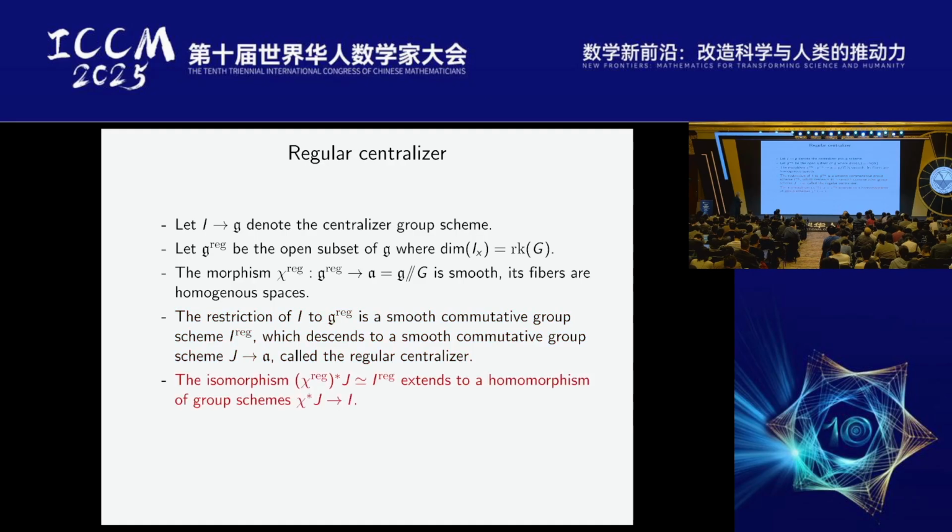And moreover, because it is a descent, when you pull J back to 𝔤^reg, of course you get 𝔤^reg itself with the centralizer. But when you pull back to the whole Lie algebra 𝔤, you have a smooth group scheme J, and it has a canonical map to I. So there is a canonical map from the regular centralizer to I. This is a fact that you have to do it to believe it.